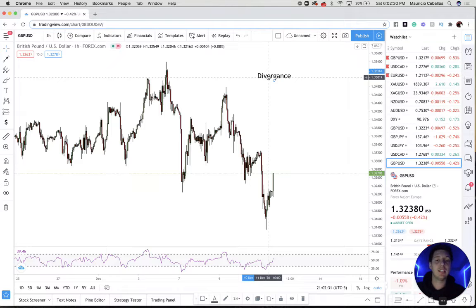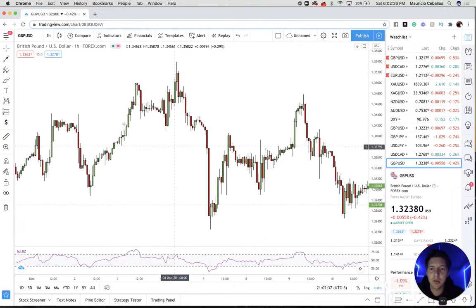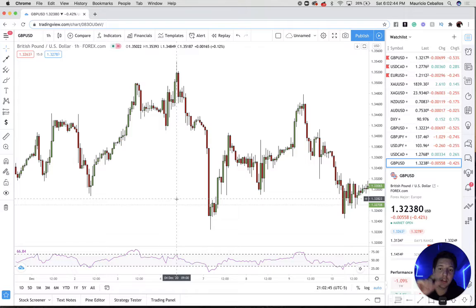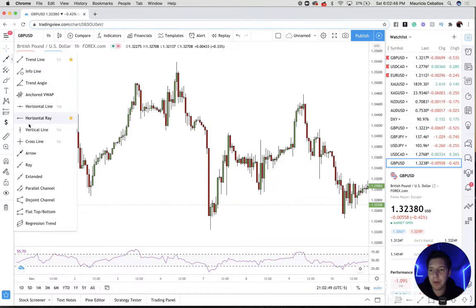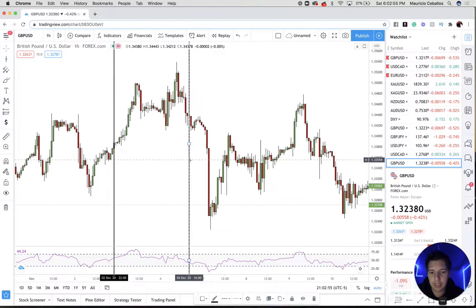Now, I want you to see this, okay? Over here, this is what divergence is. Divergence is when you see the market doing one thing, which right here we have the market moving, and we see our RSI or our indicator doing the opposite thing. So in this case, I'm going to go ahead and put a vertical line here, and I'm going to put a vertical line here.